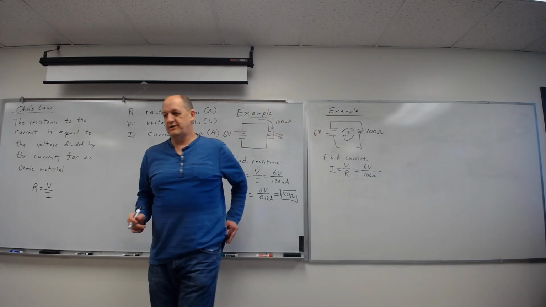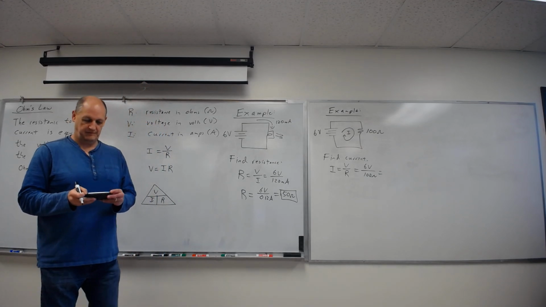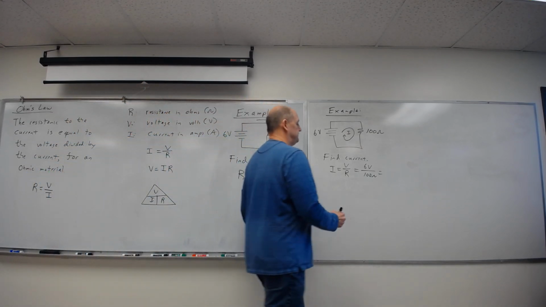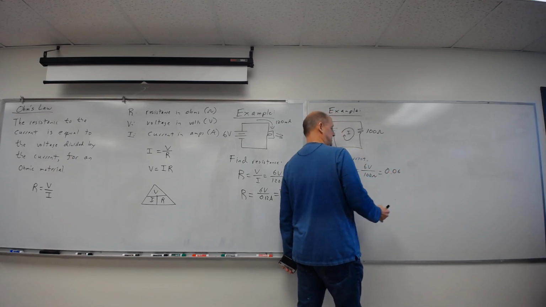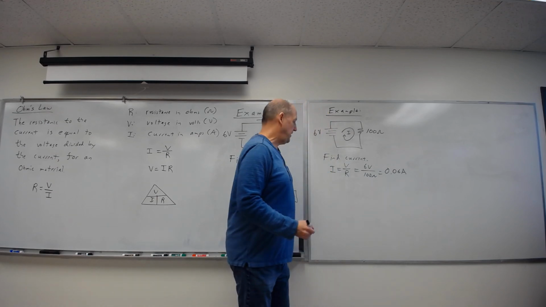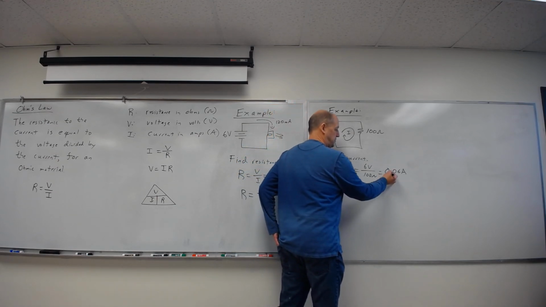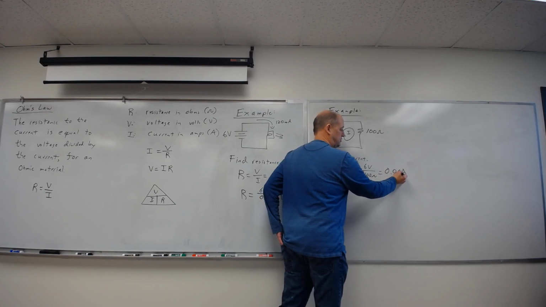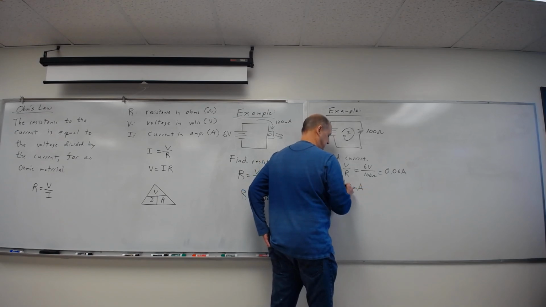So what's 6 over 100? 0.06 amps. If I want to write it in milliamps, I'm going to move my decimal 3 spots. 1, 2, 3. So I actually need to add another 0 out there, right? 60 milliamps.